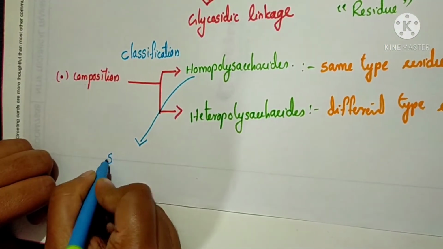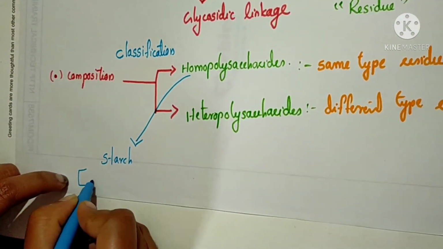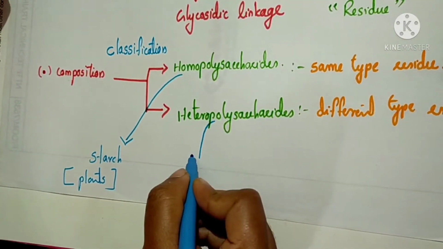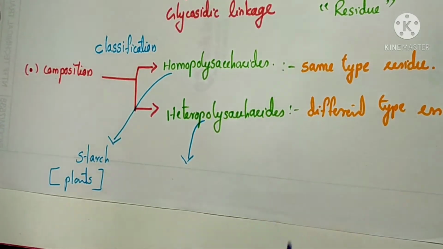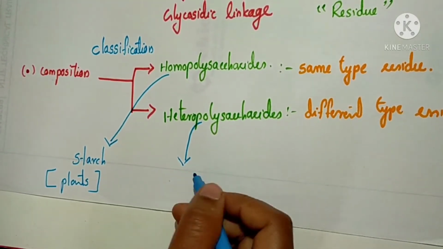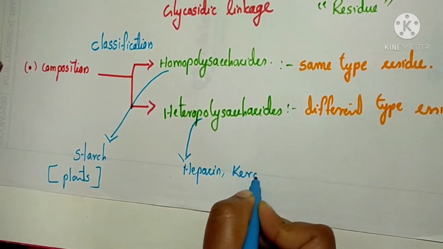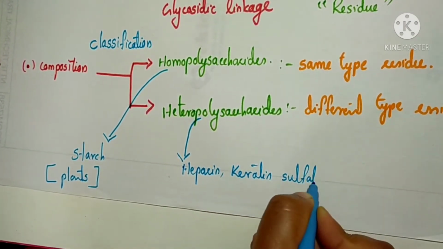The major example for homopolysaccharide is starch, which is present in plants, and heteropolysaccharides include heparin and keratan sulfate.